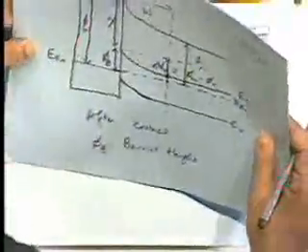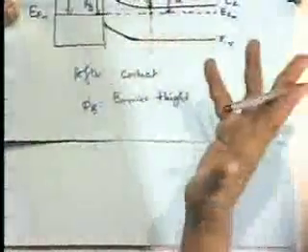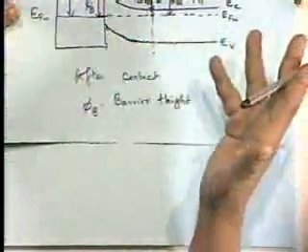So the barriers are not the same, as I just said, but the currents are the same because of the probabilities of how many electrons are available to make the jump. There's a lot more in the metal than in the semiconductor, so it turns out the current is the same, even though the barrier heights are different in both cases.